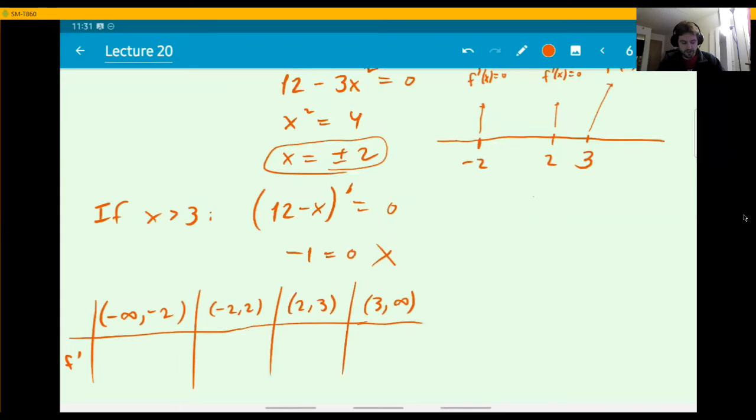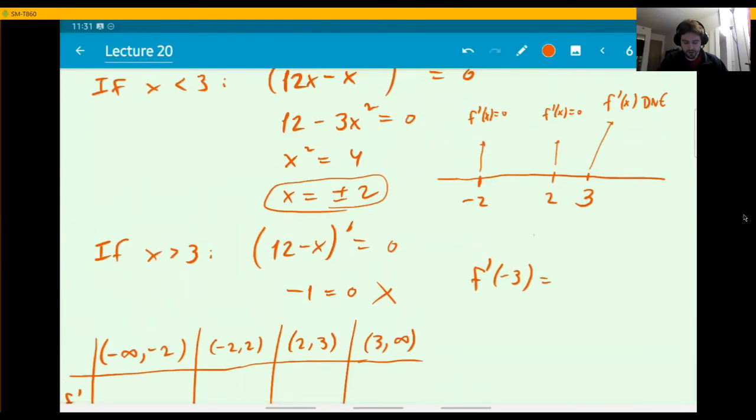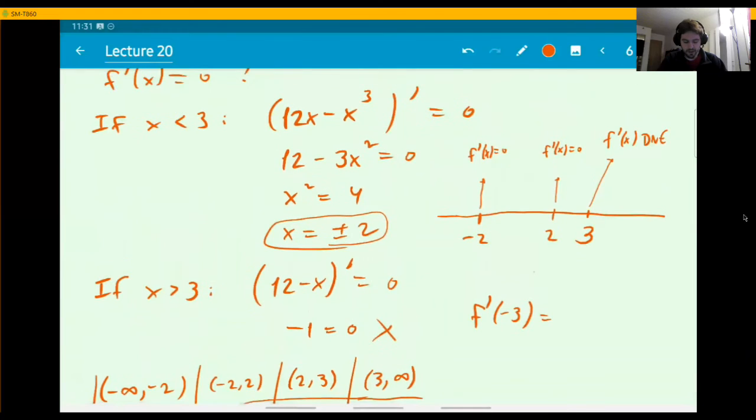All right, so what is f prime of, for example, -3, or any point in this first interval? Do we have an expression for f prime? Remember, the function has 2 pieces, but if you are in this first interval here, you're definitely using the first piece, x less than 3. You're using this expression here for f prime.